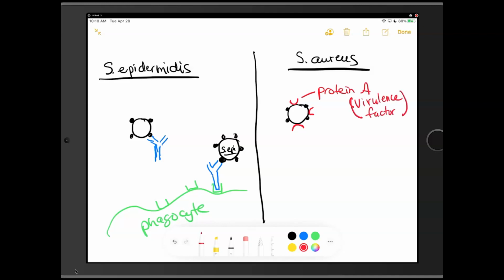How is this a virulence factor? Well, guess what protein A does? It basically won't allow the antibody to bind to the epitopes, because it's going to intercept essentially and bind to the Fc portion of the antibody.